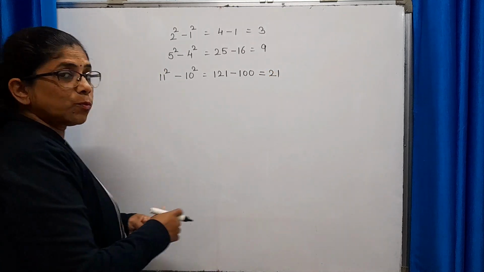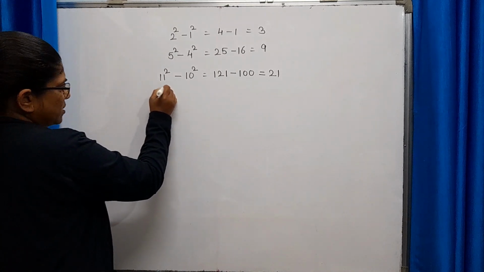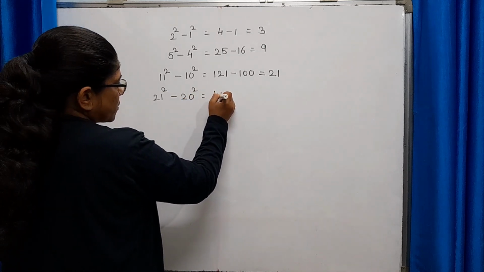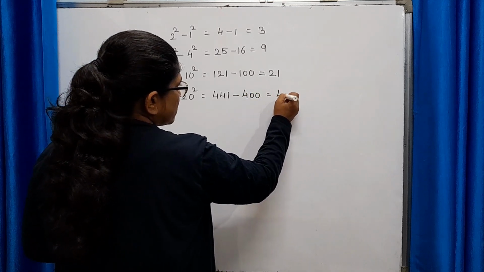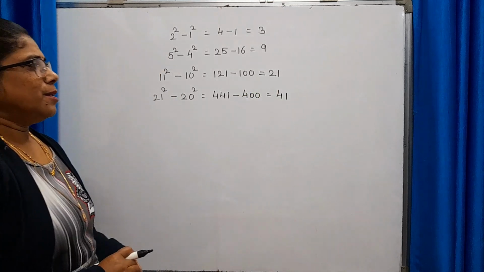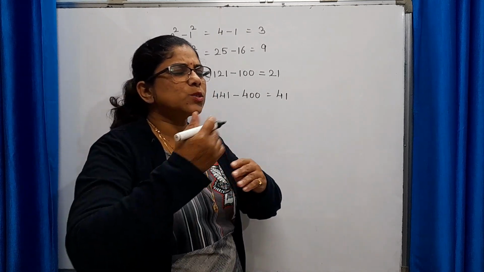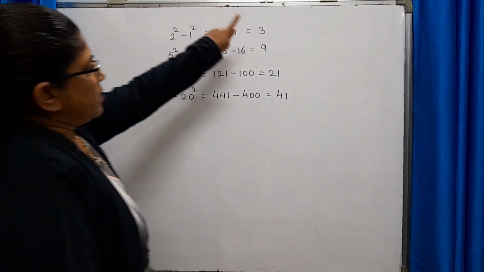Okay. One more higher number we will try. Let's check what is 21 square minus 20 square. 441 minus 400 is 41. Now let's check whether this difference is related to square or its square root. Let's check. 3.